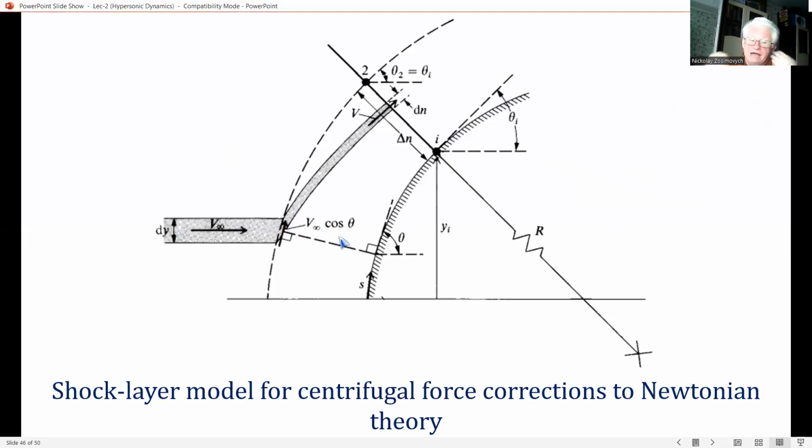Immediately upon entering the layer, the slope direction is assumed to be theta, the local deflection angle of the body at that location, and the magnitude of the velocity is V infinity times cosine theta, right? And it will be consistent with the Newtonian model, where the stream tube crosses the normal coordinate drawn through point i.